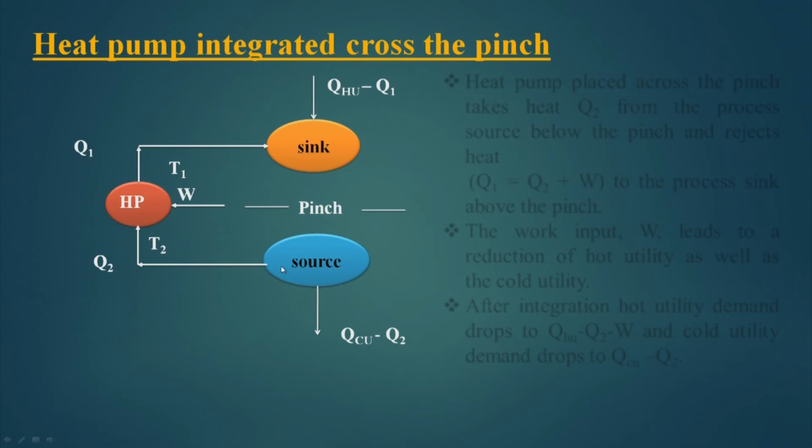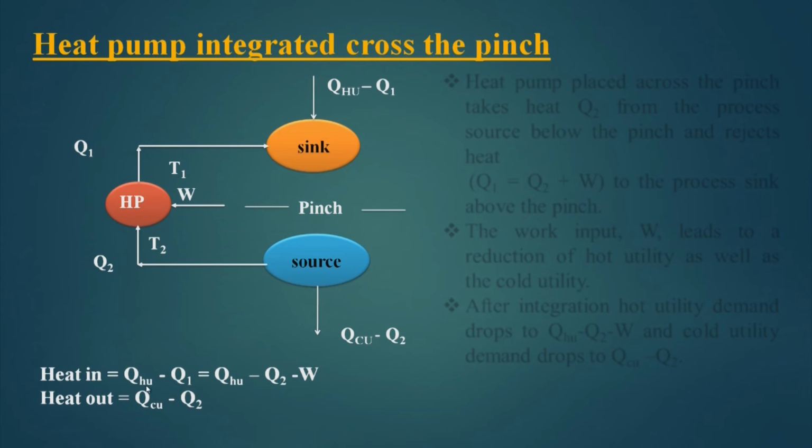So, if I take up some heat from here, consumption of cold utility will decrease. Similarly, the sink needs heat, if I supply from outside, it will decrease the hot utility requirement, and this is what we see here.